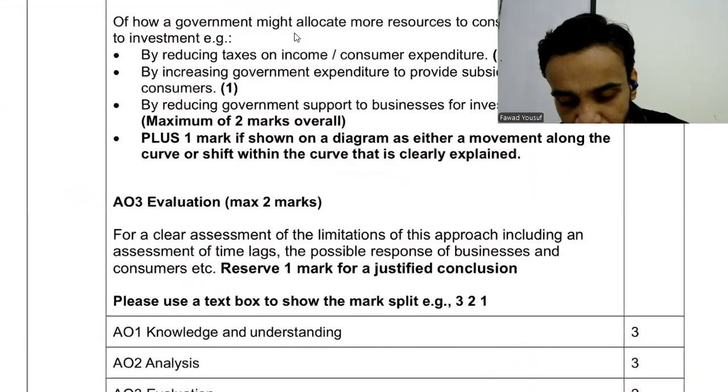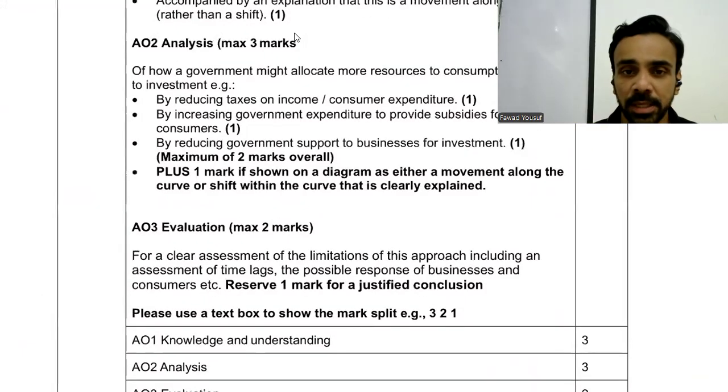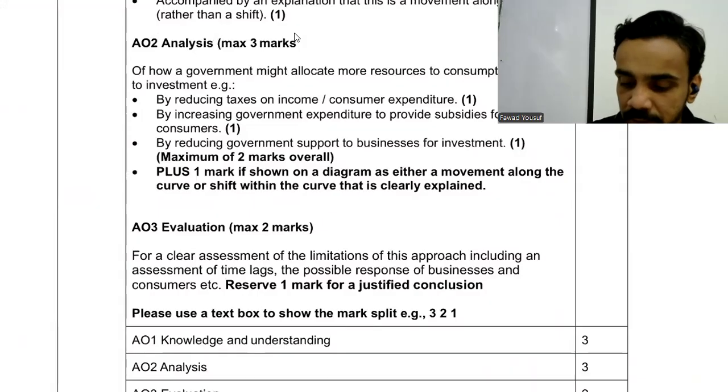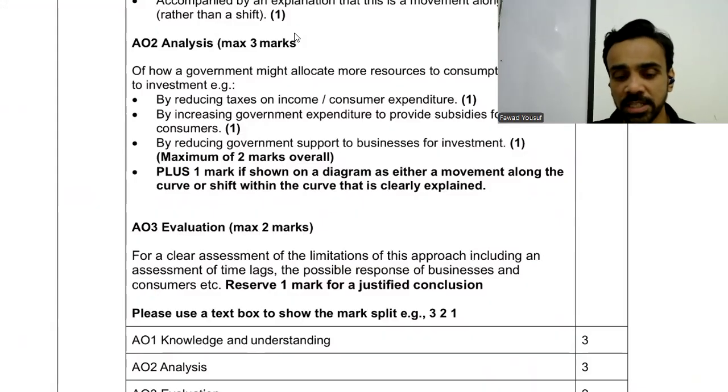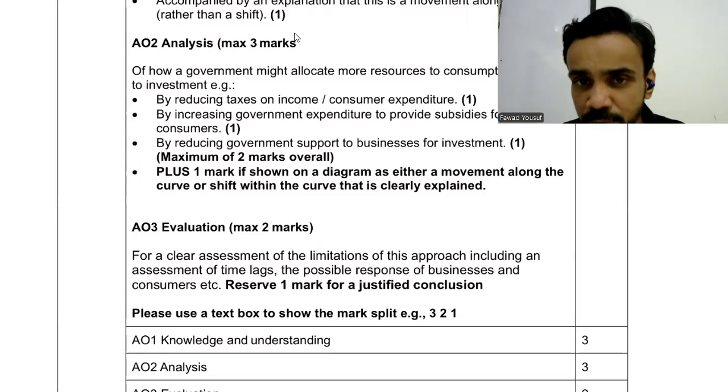But if your examiner is weak in that way, that examiner is going to limit him or herself to the time lag, response of business and consumer, and might not discuss this etc. That is why there can be other responses also.